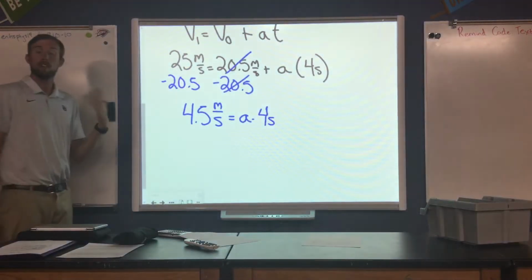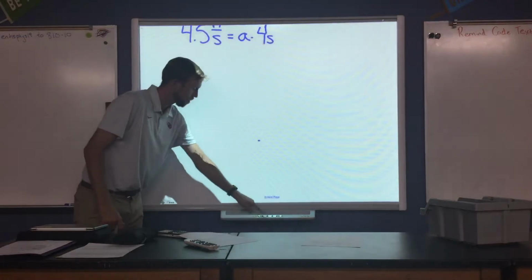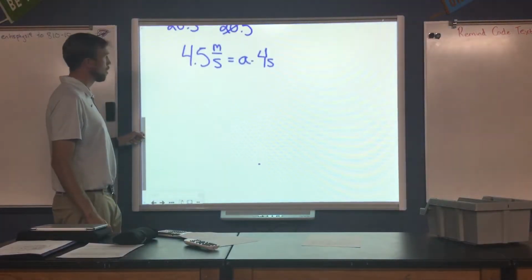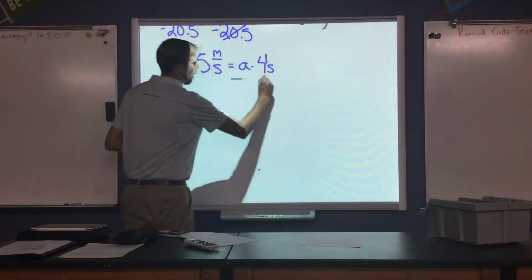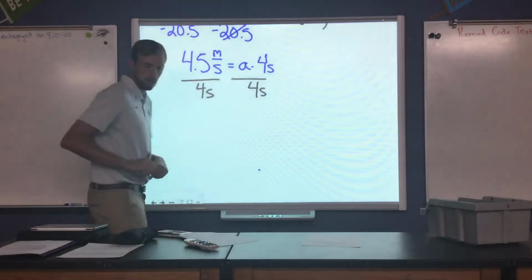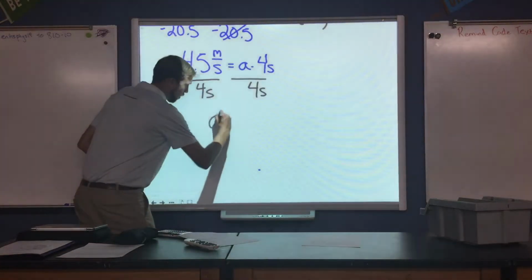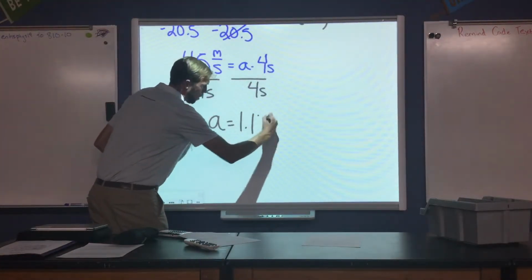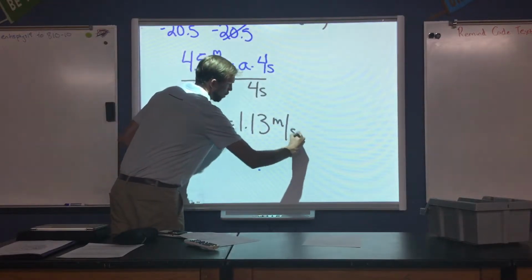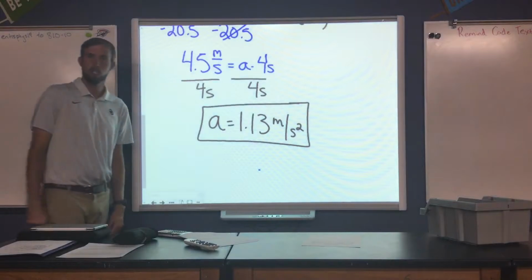Now it's just a matter of getting a by itself, so we'll divide by 4 seconds on both sides of our equation. 4.5 divided by 4 gives me an acceleration of about 1.125, or if we round to 3 significant figures, 1.13 meters per second squared.